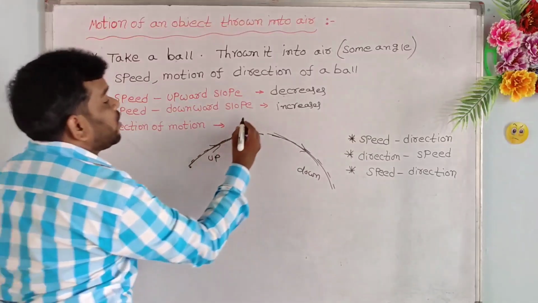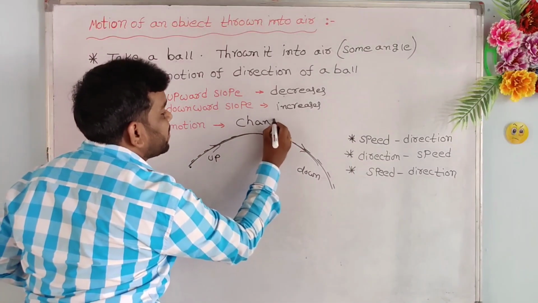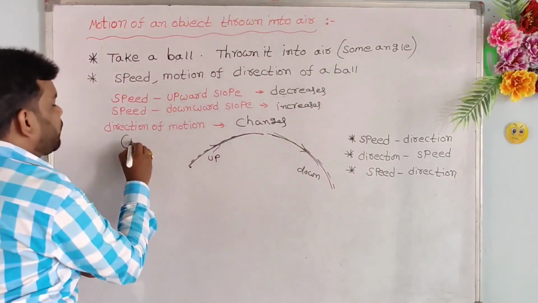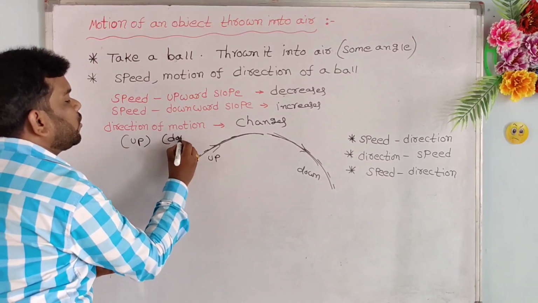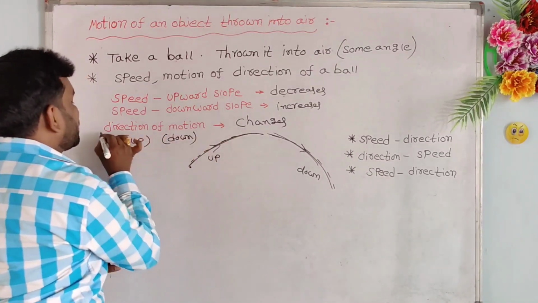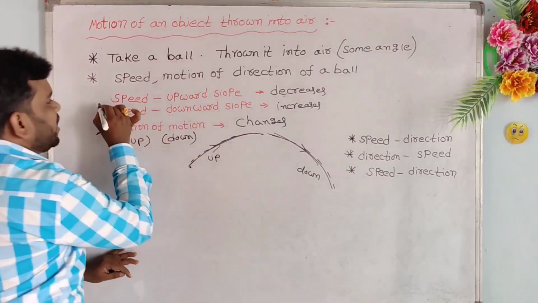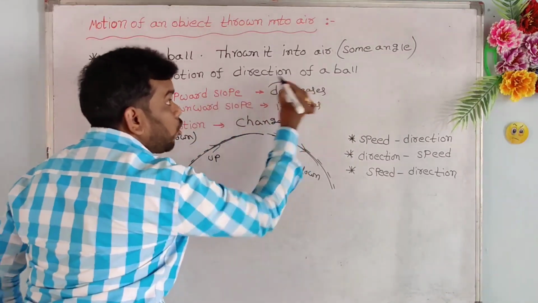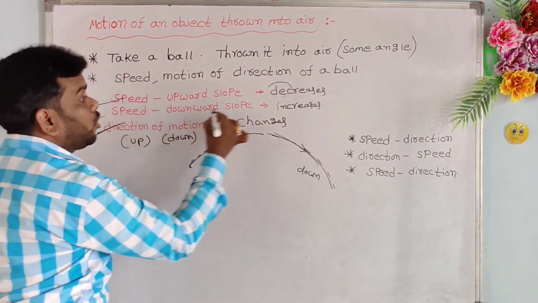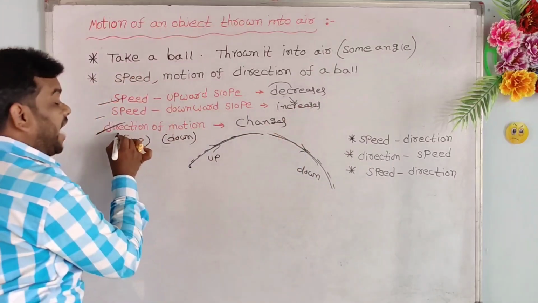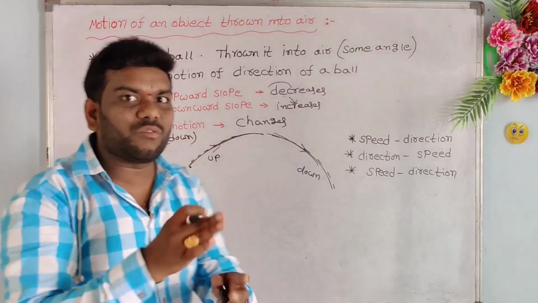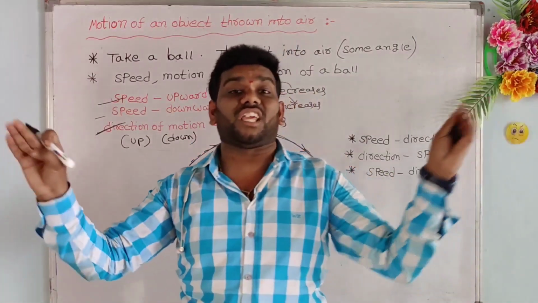The direction of the motion changes. In both cases, upward and downward, the direction of motion changes. Speed of the ball on the upward slope decreases, on the downward slope increases, and the direction of the ball also changes continuously.